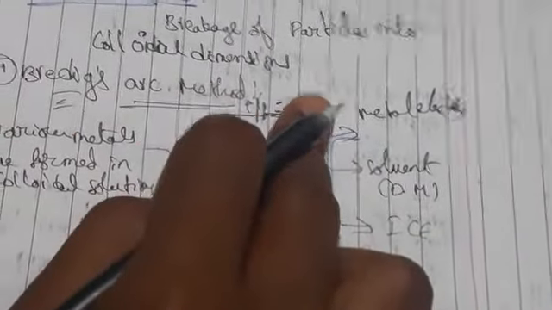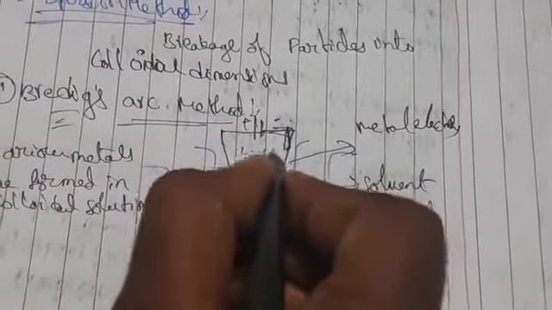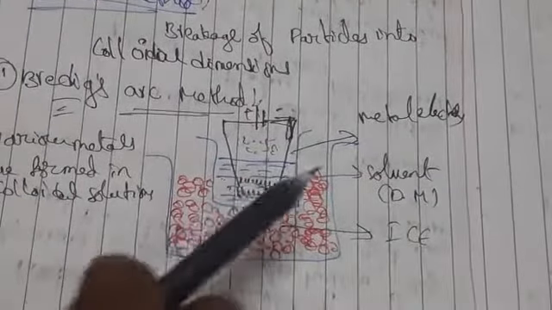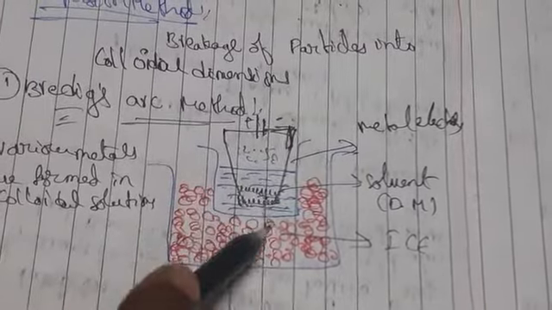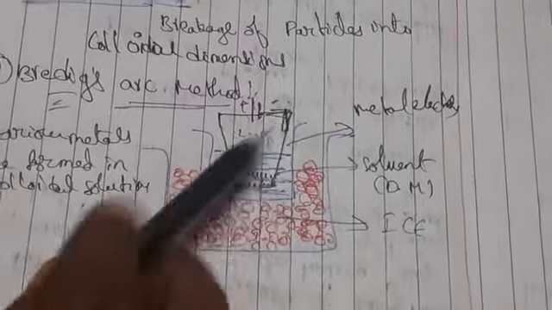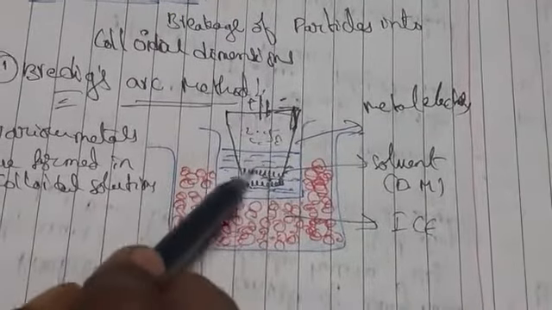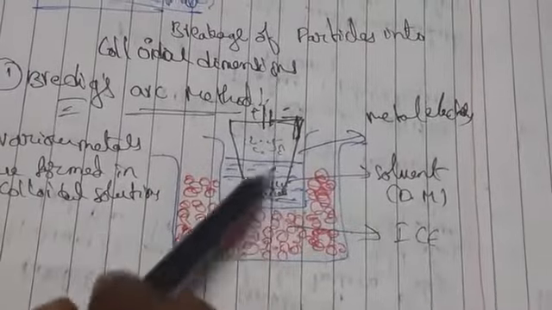Because of the heat, this arc turns the metal into vapors. Once again, whenever the metal electrodes are placed in a solvent kept in the freezing mixture, the heat produced strikes an arc in the solvent, and this produces vapors.